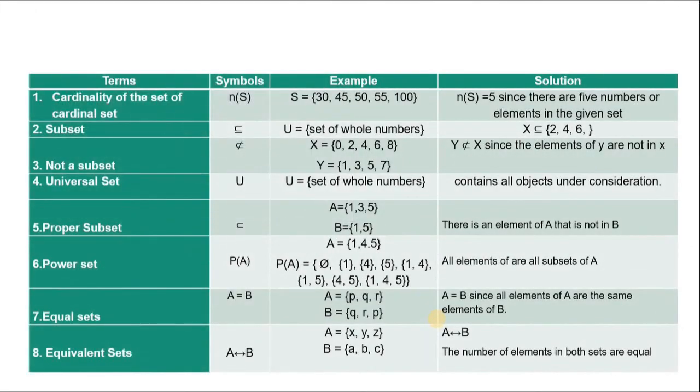Right, so these are the symbols and examples and solutions involving the terms with regards to sets. So you can take a screenshot of this one, or you can pause and copy the following symbols, examples, and solution for each term in a set. Okay?